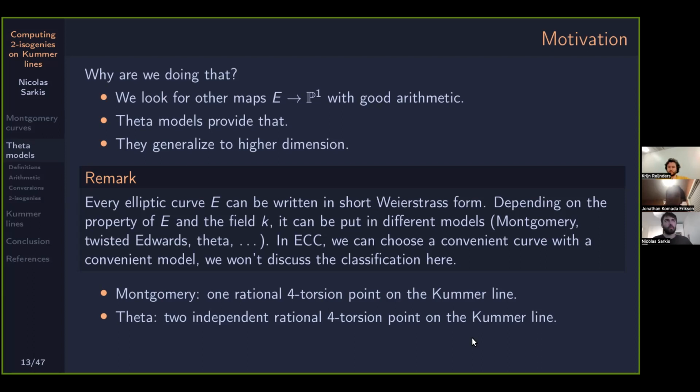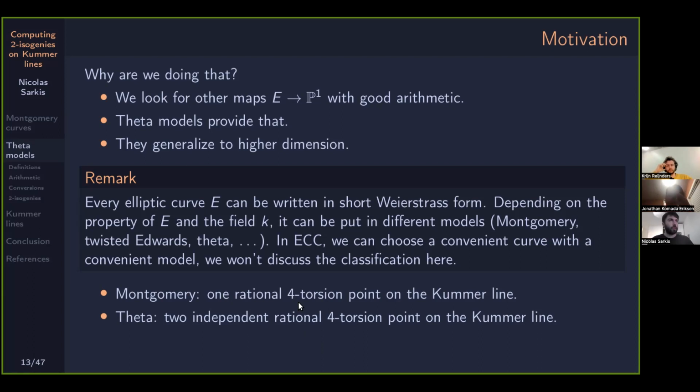But we are working on a paper to try to classify elliptic curves which have Montgomery form using the Kummer line, so the 4-torsion property on the Kummer line. For instance, Montgomery is the same as having a rational 4-torsion point on the Kummer line, and theta is the same as having 2 independent rational 4-torsion points on the Kummer line.